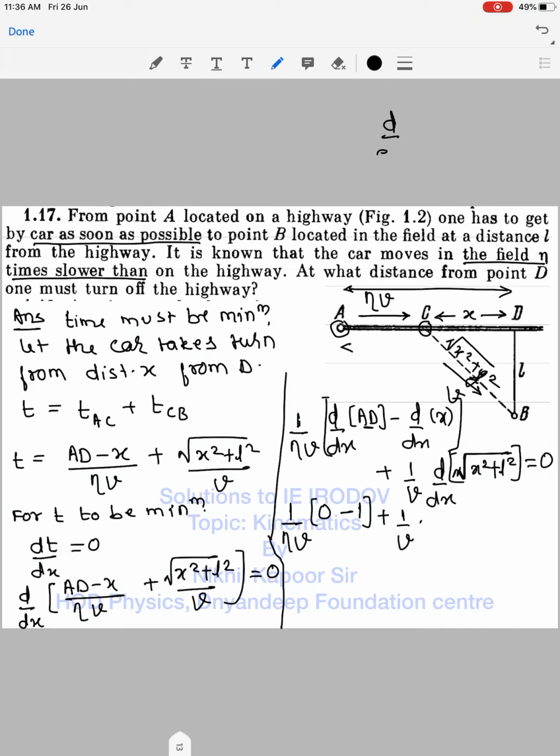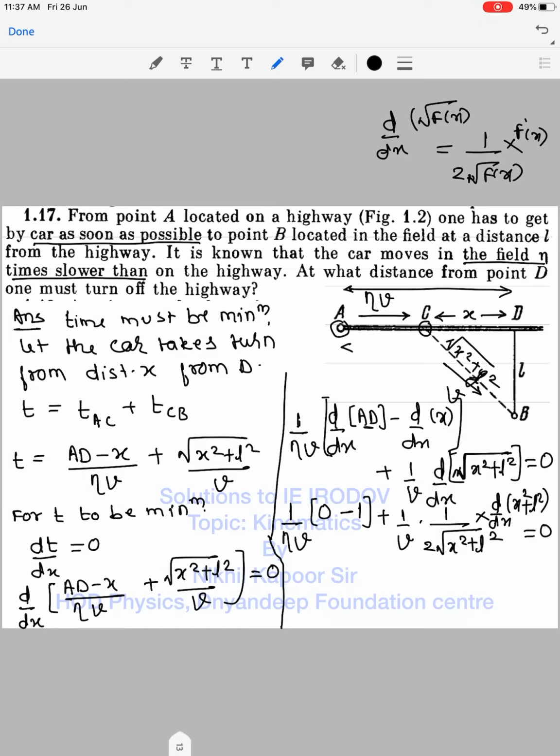So we know that the derivative of root, so I'll do it like this. If it is derivative of root f of x, so it will be 1 upon 2 root f of x and then derivative of f of x. So again it will be 1 upon 2 root under root x square plus L square into then derivative of x square plus L square equal to 0.